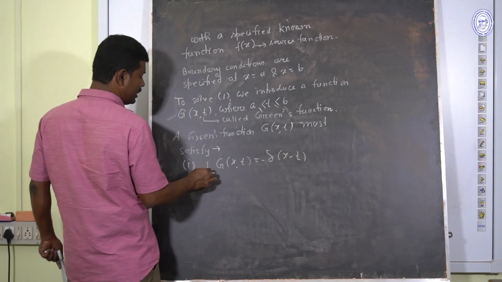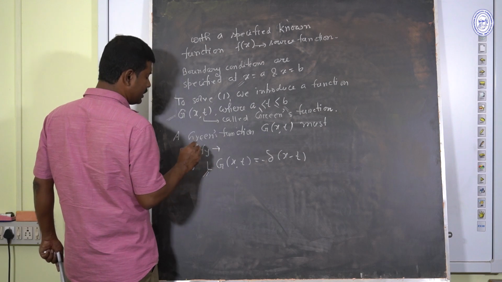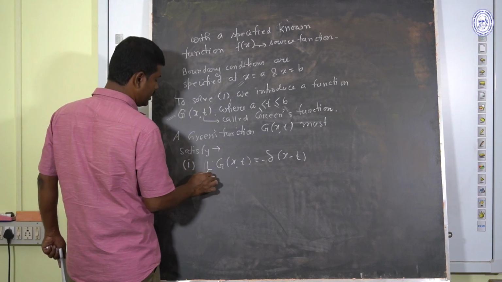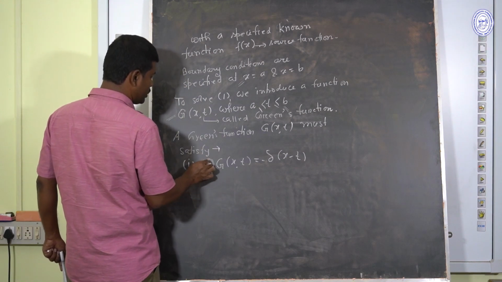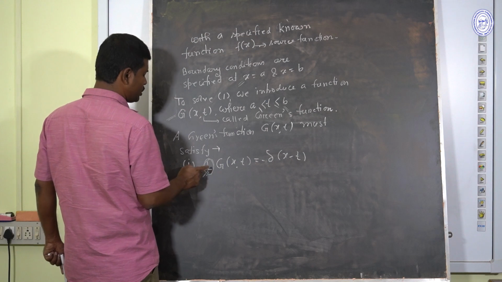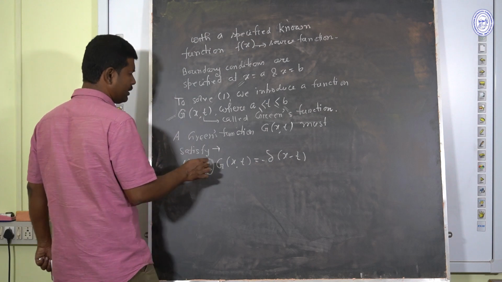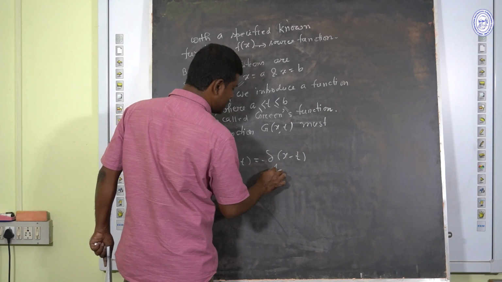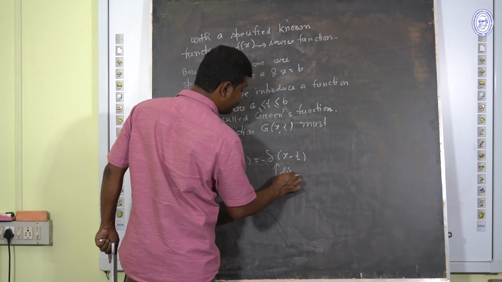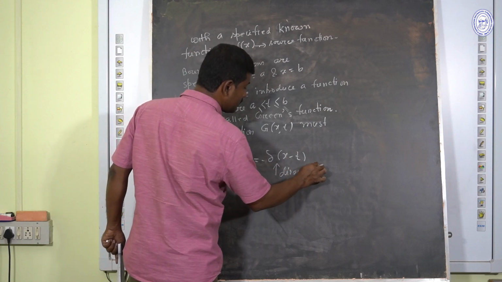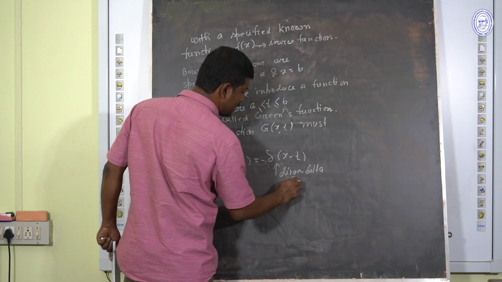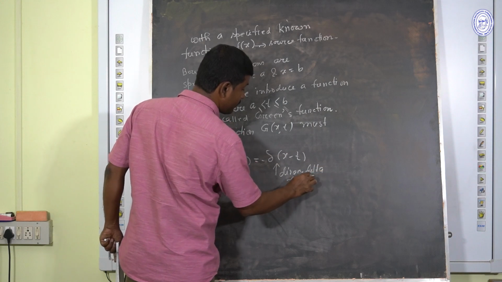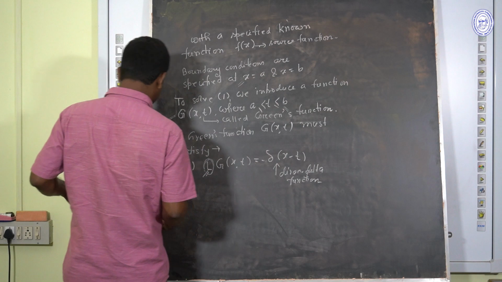L is the differential operator, the same operator involved in the original non-homogeneous differential equation. And delta of x minus t is called the Dirac delta function.